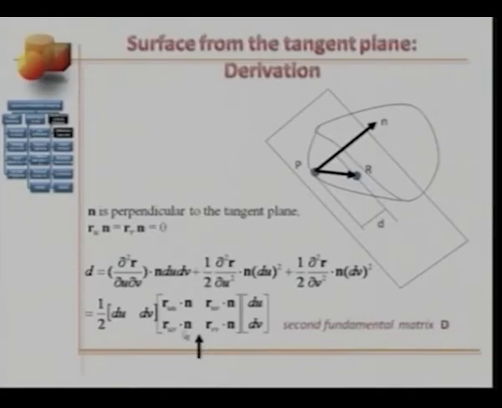It involved the second partial derivative of the parametric equation of the surface patch with respect to one of the parameters u, mixed second partial derivatives of r with respect to two parameters u and v, and the second partial derivative of r with respect to the second parameter v. And also this matrix involved the normal vector to the tangent plane.